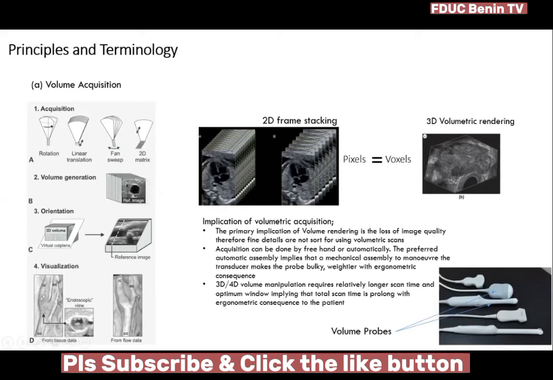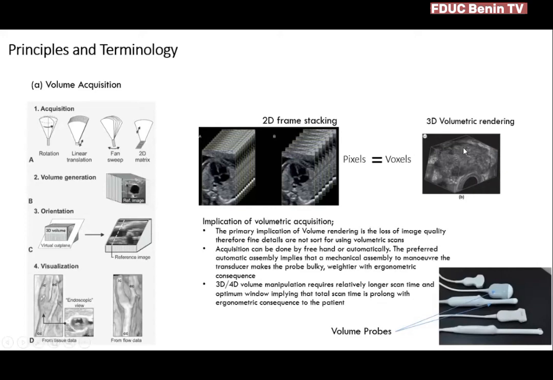It has length and breadth, but when we stack a lot of the 2D frames, we would have a sense of depth, and that gives us a volume effect. Acquisition of a lot of 2D frames put together will give us a volume set. This volume set becomes our primary 3D image.